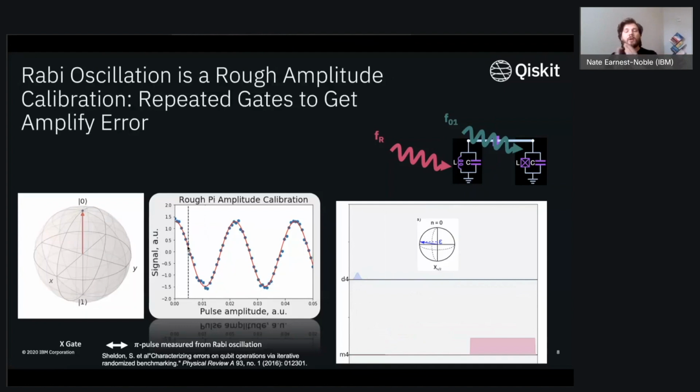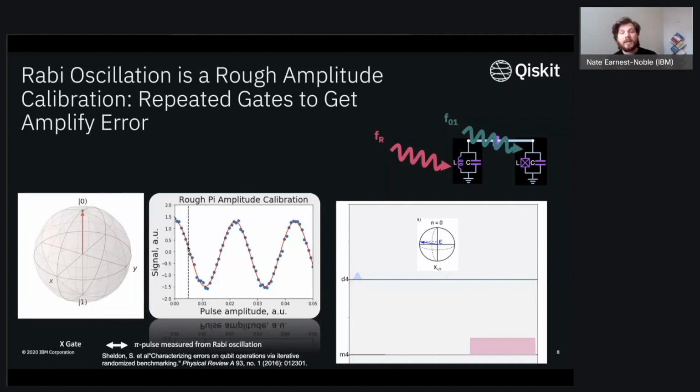This will be okay because we're still going to do some calibrations on top of this to help improve things. Zlatko earlier in one of his talks mentioned the idea of coherent errors. In our pi/2 pulse here, if we assume there's some coherent error, we can measure it by being off by some amount epsilon. Just so you know, I'm pulling these figures from the paper referenced at the bottom, so please do check it out if you want to see some of the details I don't discuss in this talk.